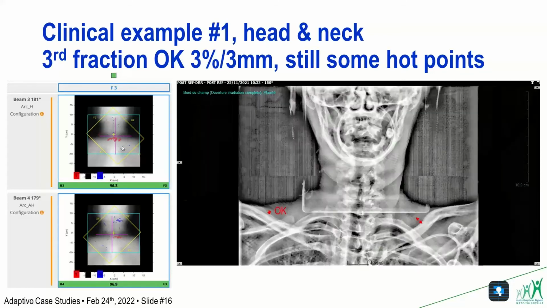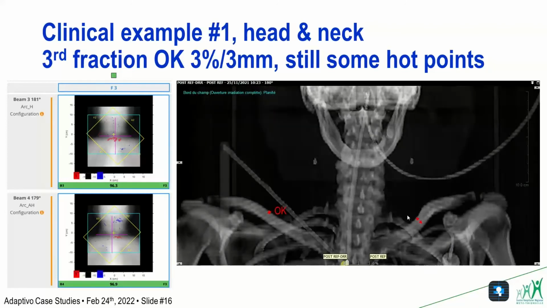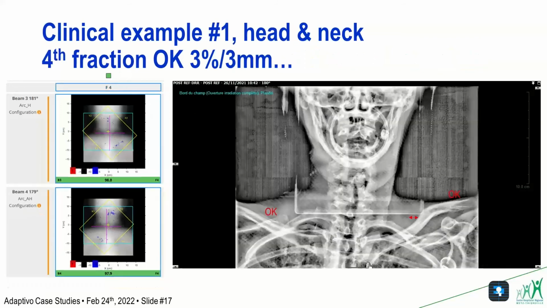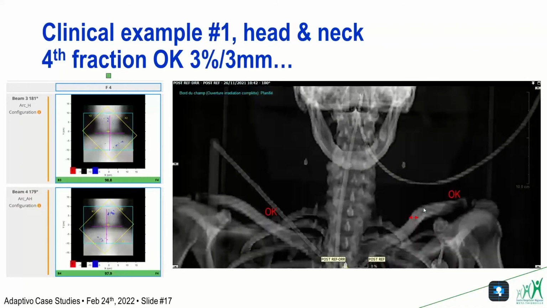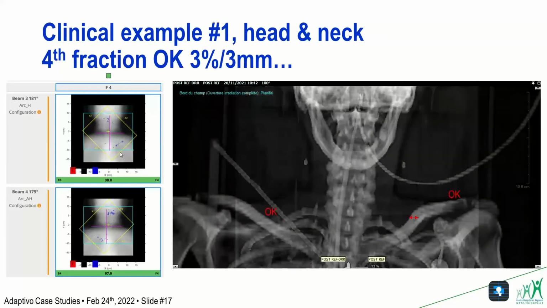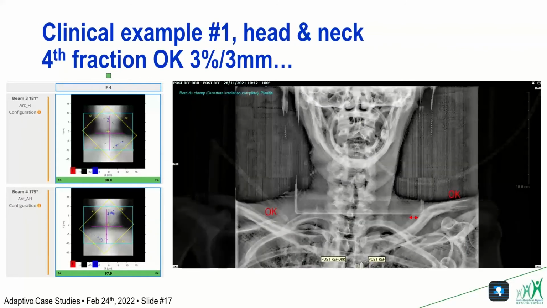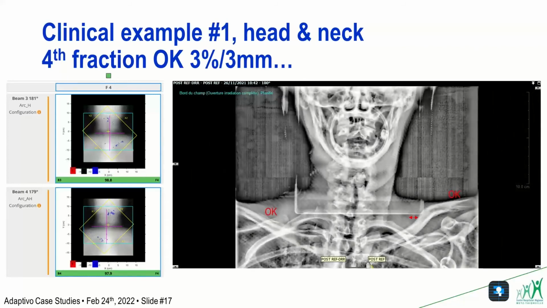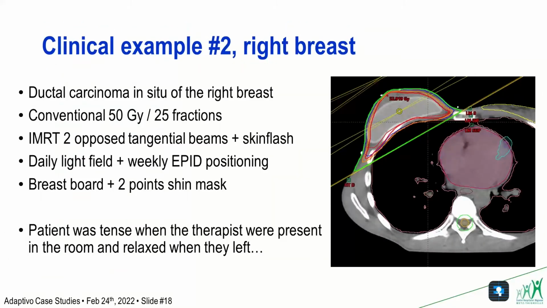So it was okay, but you can still see some hot points behind the shoulders because we could improve the shoulder positioning, and that's what we did at the fourth fraction, where the clavicle positioning is correct and the gamma map is almost perfect. So I think that while we were focusing on the spine positioning, perhaps we wouldn't have seen that without the transit dosimetry analysis.